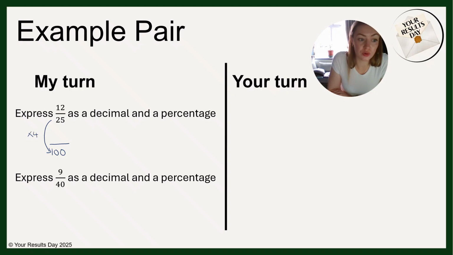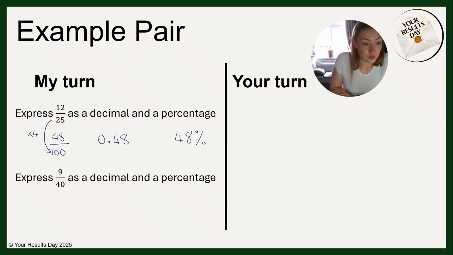And that's 4. And in which case I'll also multiply the top number by 4. 12 times 4 is 48. Now that makes that a lot easier. 48 divided by 100 is 0.48, and 48 out of 100 is quite literally 48%. So once we've got that over 100, hopefully you can see that conversion is much easier than trying to do it from 12 over 25.